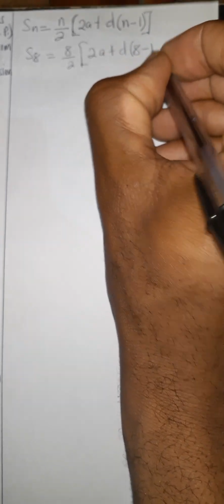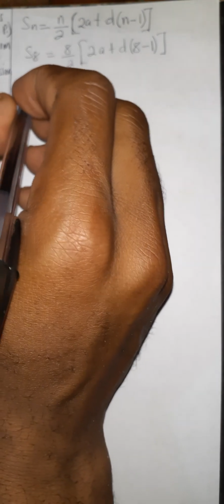To find the sum of the first 8 terms, we take 8 over 2, open bracket, 2 multiplied by a, which we don't know, plus d bracket 8 minus 1, close bracket.